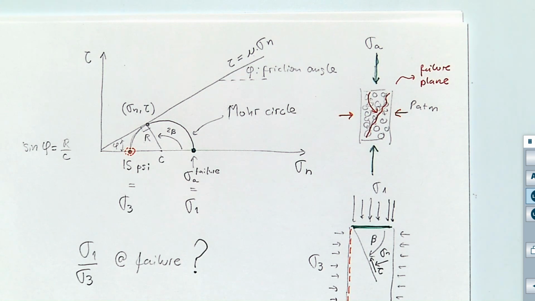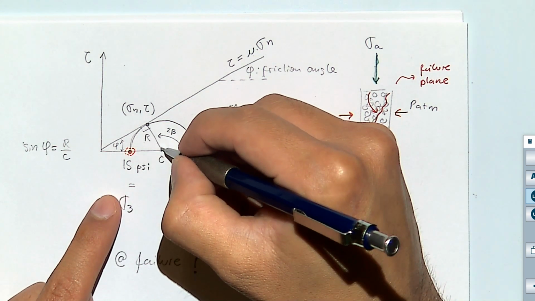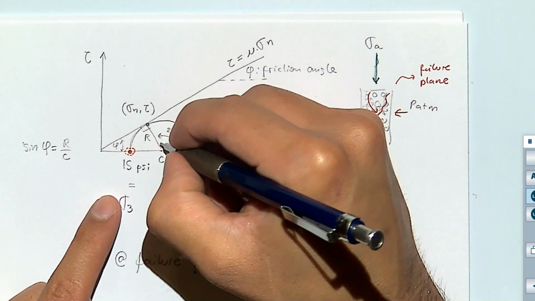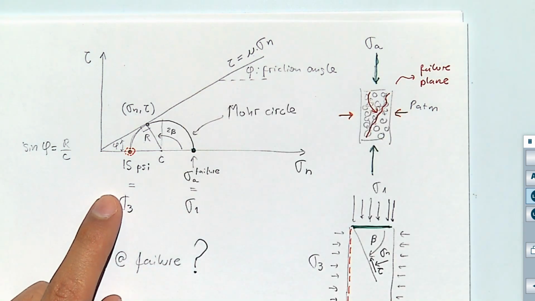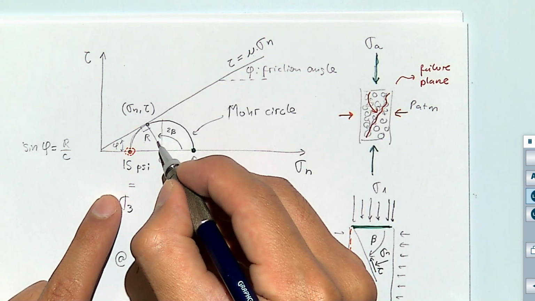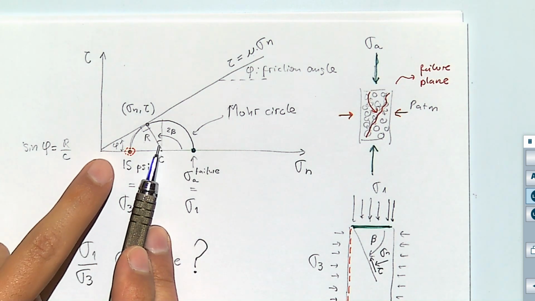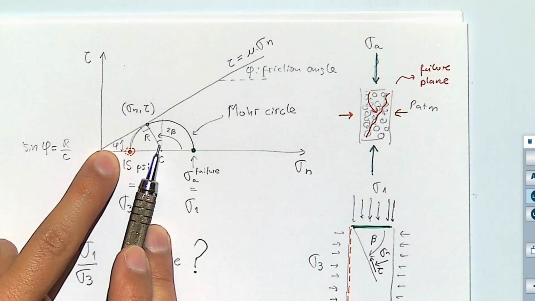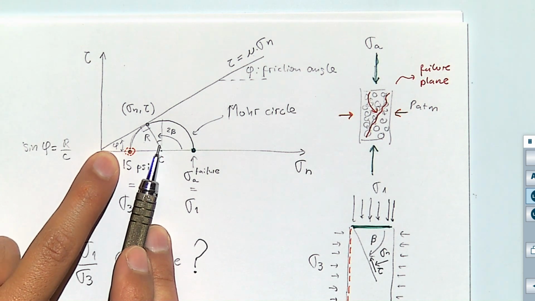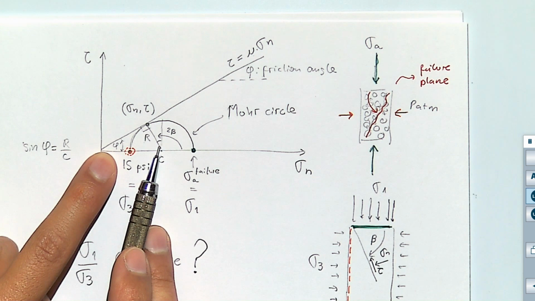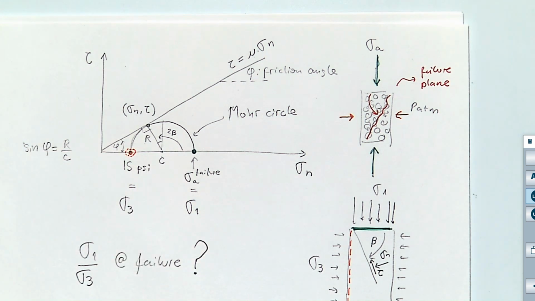Let me give you a hint. Because of the properties of lines and triangles, this angle over here also is going to be phi. So this angle is that one. Therefore, 2 beta is going to be equal to what?